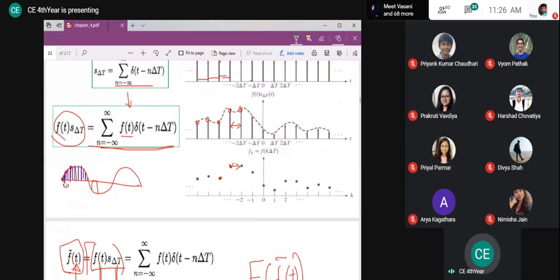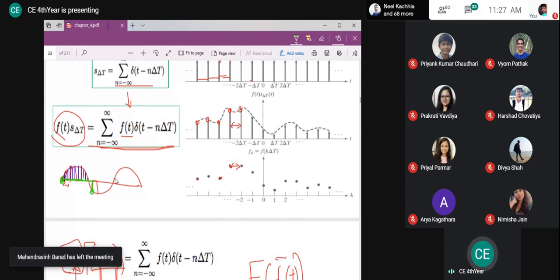Suppose I am assuming this is my one sample, and delta t is larger, that means the gap between two samples will be very large. So one sample I am taking here, another sample I will take somewhere here. This is my first sample, this is my second sample, so the gap between two samples is larger. You can see a very large gap is there.